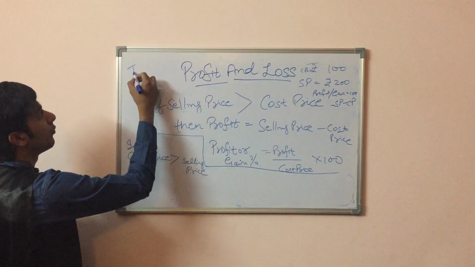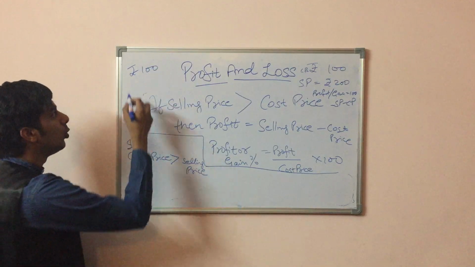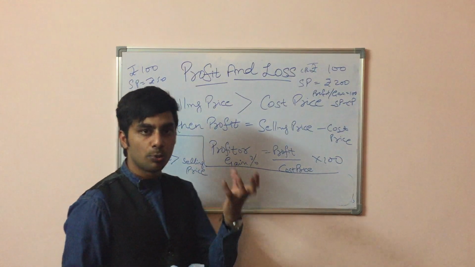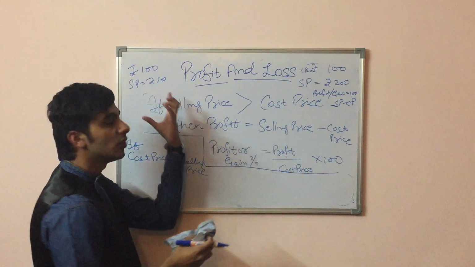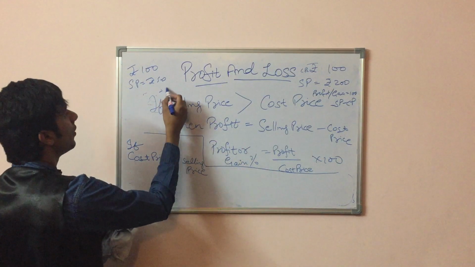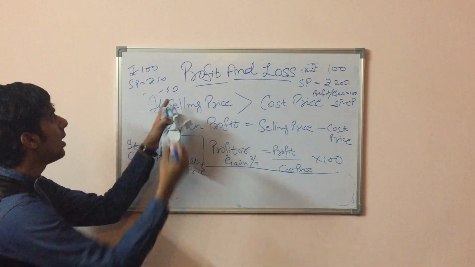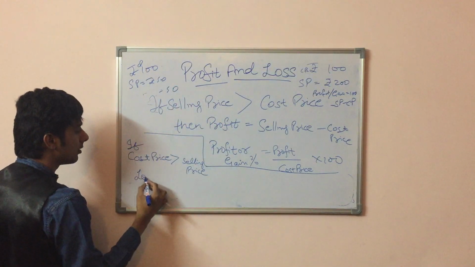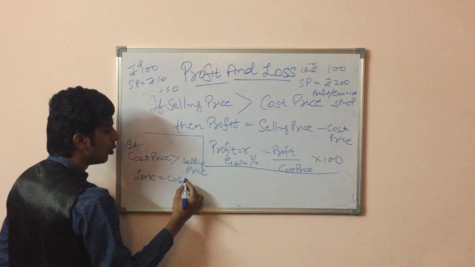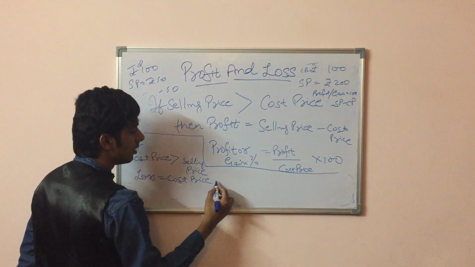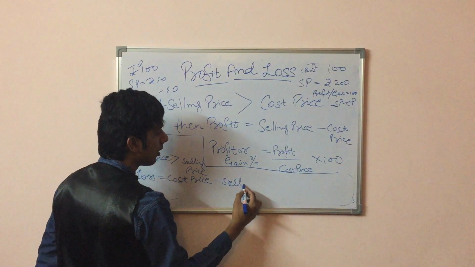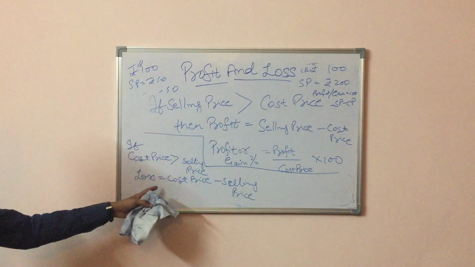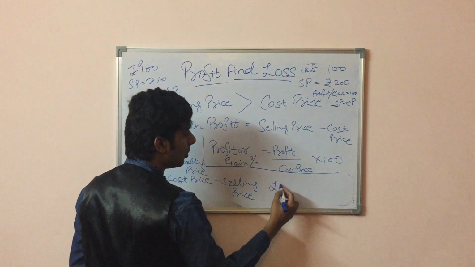Suppose if you buy a product for rupees 100 and you sell it at rupees 50 only. If you buy a product for rupees 100 and you are selling this product at rupees 50, there will be a loss of rupees 50. How have you calculated this? By subtracting the cost price and the selling price. So the loss will be equals to cost price minus selling price, right?